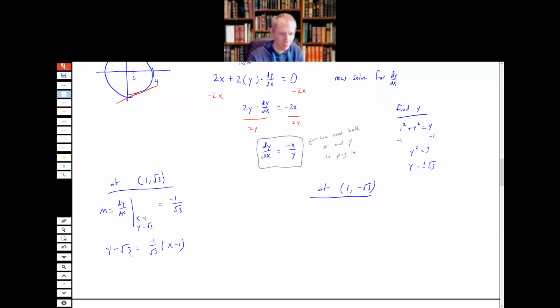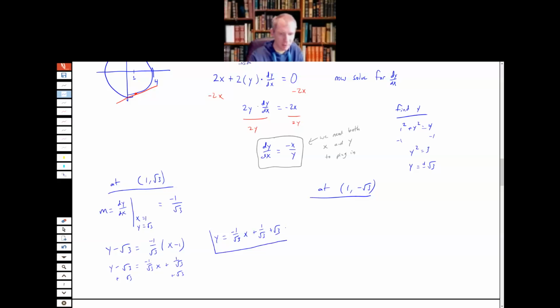Okay. If I want to write this in slope-intercept form, I can distribute this negative 1 over root 3. So I get negative 1 over root 3 x plus 1 over root 3, and then add root 3 to both sides. So I get y equals negative 1 over root 3 x plus 1 over root 3 plus root 3.